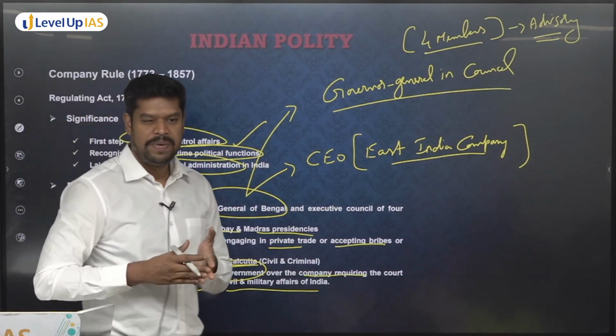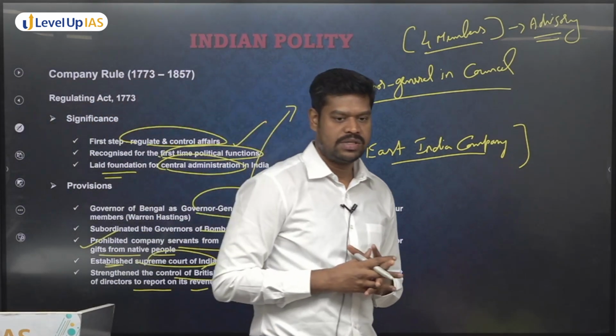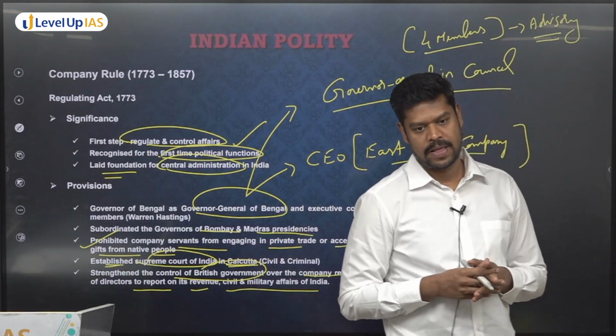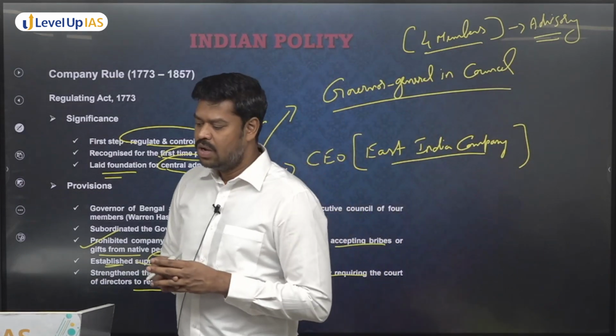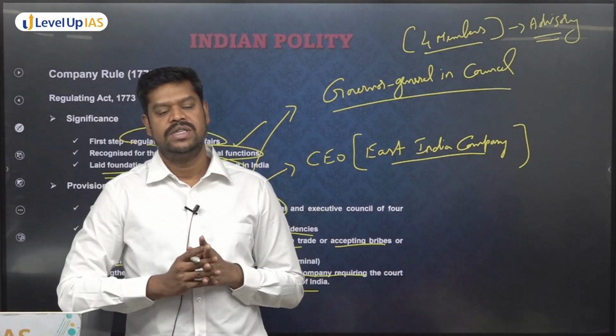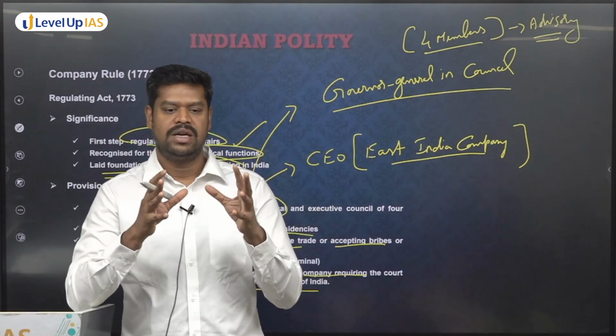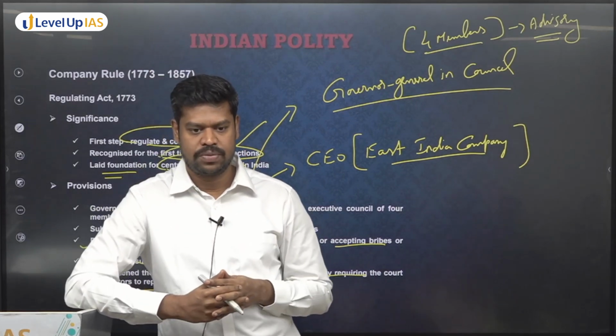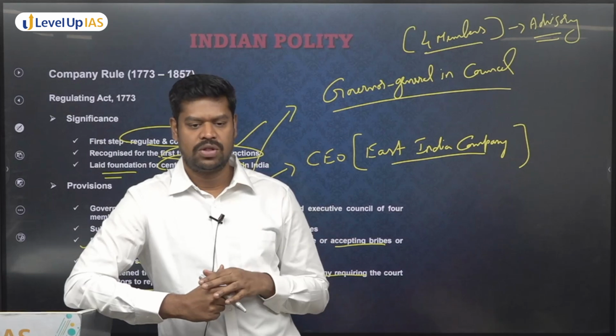Does anyone know what basically was the dispute between these authorities? What was the primary reason? One is primarily because the Regulating Act of 1773 was not very clear, or was very vague, as to what the jurisdiction of the Supreme Court was. So the Supreme Court tried to use wider authority.